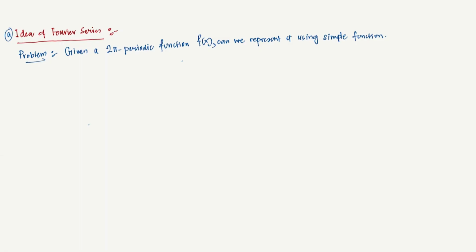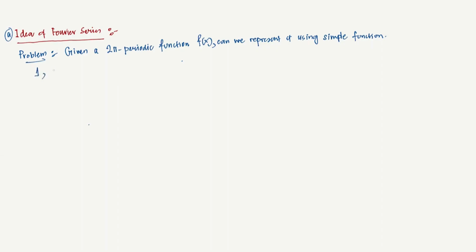So in this case, if I want to talk about a 2 pi periodic function and decompose it, then I will try to do it in terms of 2 pi periodic functions. So basically, if we represent it using simple functions, what are the simple functions in this case? We will talk about this.